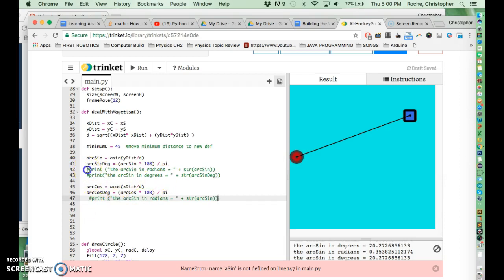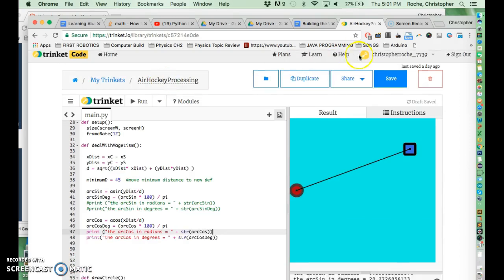Copy that, put this in here. Boom. Turn these guys back on. Okay, so we'll say the arc cosine, cosine here, and cosine. And then we'll look at this as well.